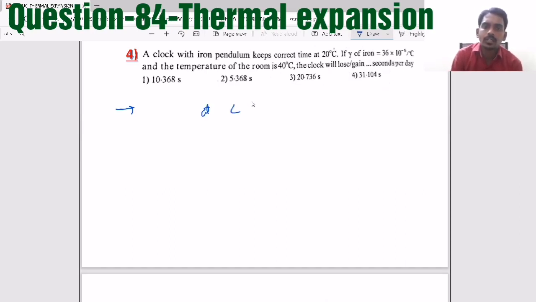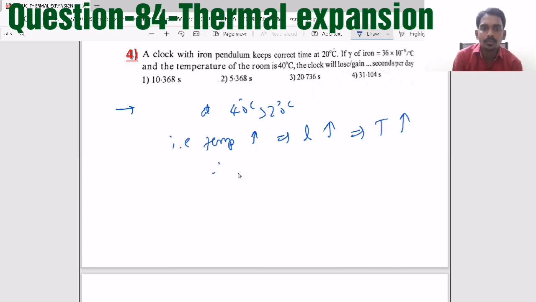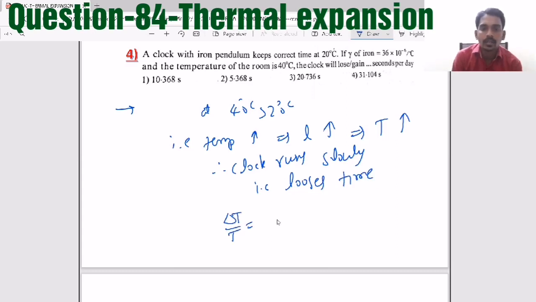So at 40 degrees Celsius, greater than 20 degrees Celsius, that is temperature increased implies length increases, implies time period increases. Therefore, the clock runs slowly, so that is it loses time. So how much time does it lose? How do we calculate? Delta T by T equal to 1 by 2 alpha delta theta.